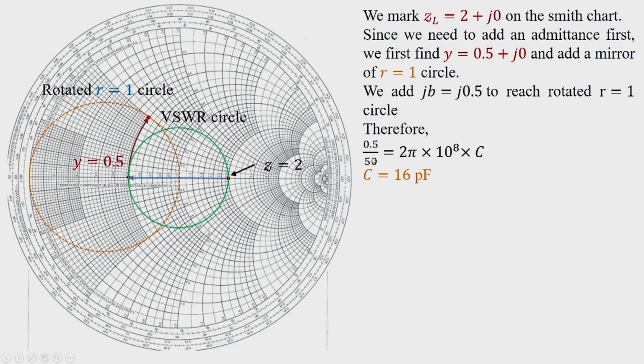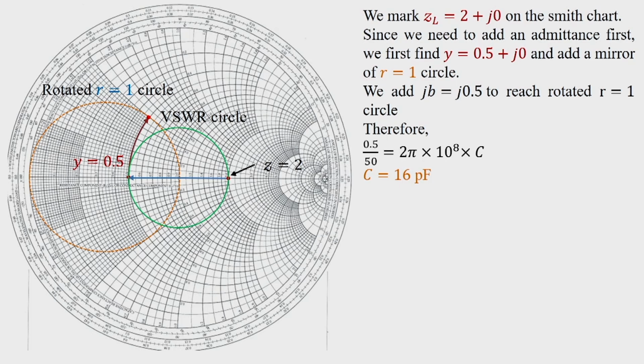So, we multiply it by 1 by 50, the value of y naught, to get B, and that should be equal to 2 pi f C, and from this we find the value of the capacitor to be 16 picofarad.